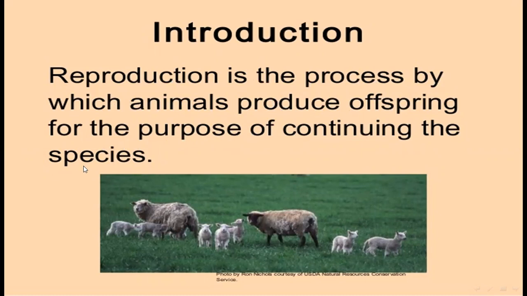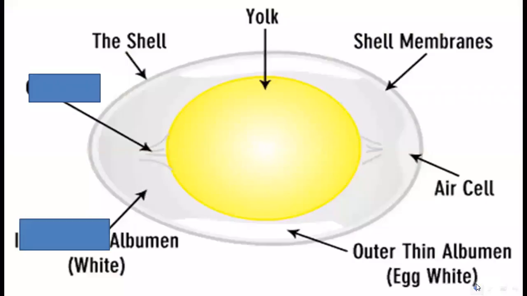Animals reproduce either by giving birth to live young or by laying eggs. Most animals produce eggs. So the egg is the beginning of the animal life cycle. The growing animal embryo inside an egg gets its food from the egg yolk.